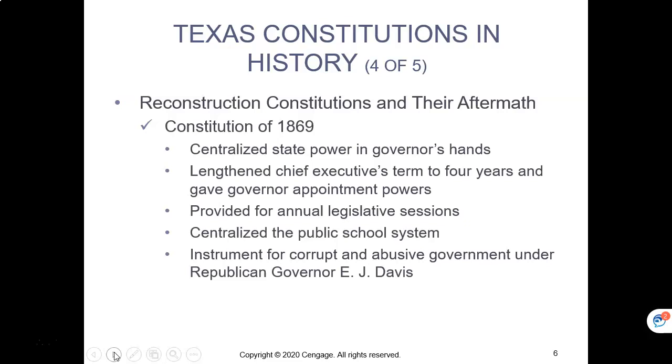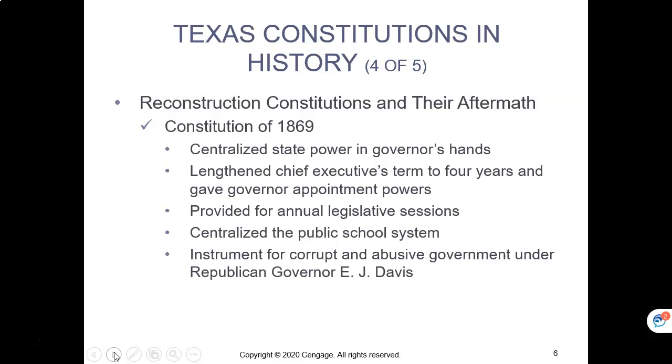And 40% of the state police, these were people that he trusted, 40% of them were freedmen. They were African American. So they had arms and power, and this just did not sit well. It did not sit well with the people that were used to having power in Texas.